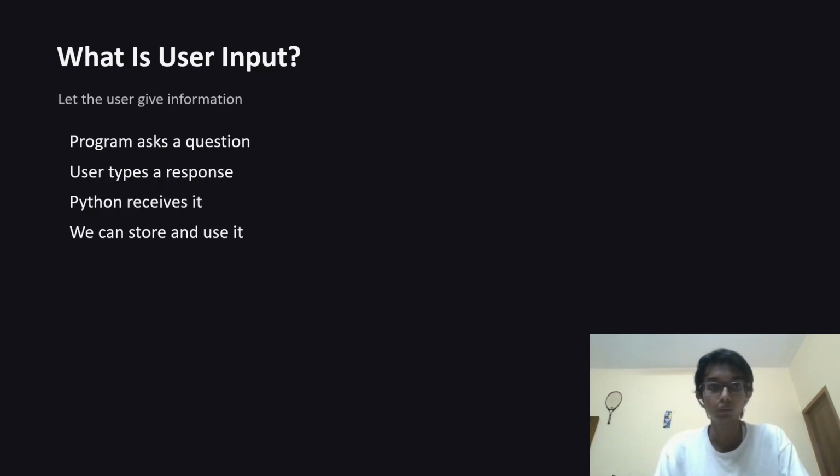The program that needs an input asks a question. The user, who is using the program, will type the response. Python receives it, and Python can store it and then use that information, the response given by the user, to continue the program and give the desired output.